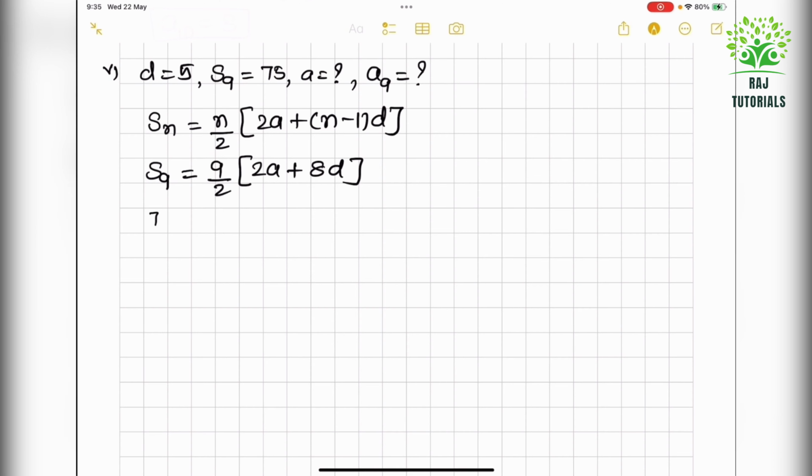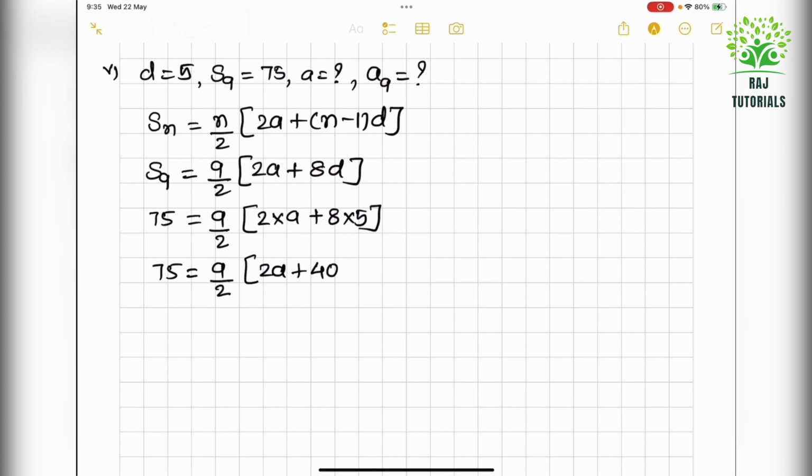So S9 is 75 equal to 9 by 2 into 2 into A plus 8 into 5. So 75 equal to 9 by 2 into 2A plus 40. So I can say 75 into 2 by 9 equal to 2a plus 40.